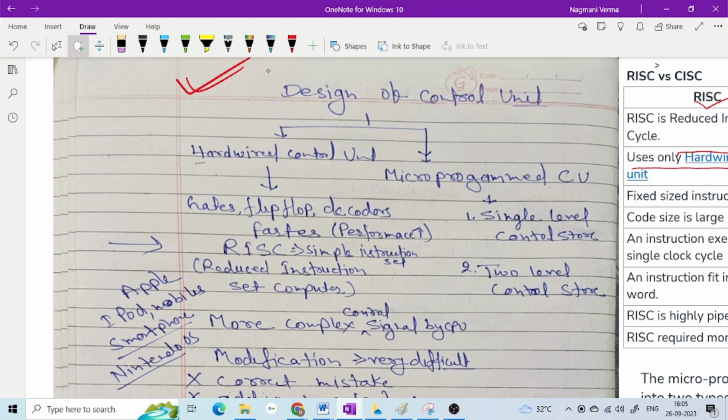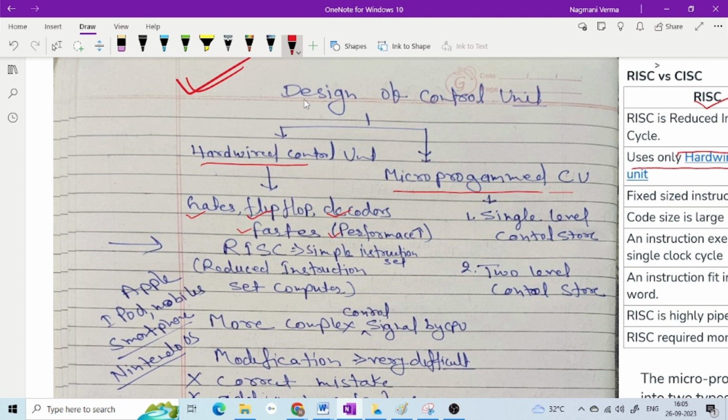One is the hardware control unit and another is the microprogram control unit. Hardware control unit is made of gates, flip-flops, and decoders. So it is faster because it is hardware. Once the clock cycle comes, it will give the result, so performance is high.